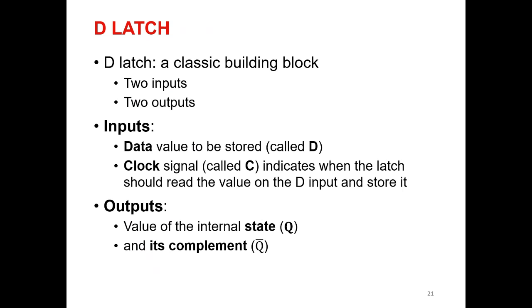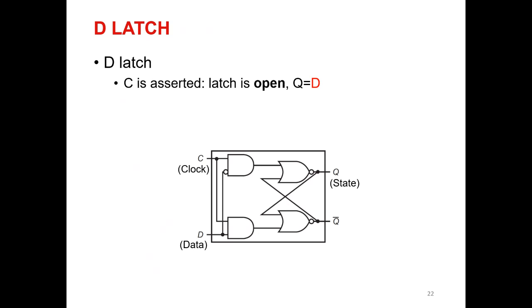And then the outputs will be the value of the state, or the value of the memory element, and it also gives us the inverted value of this state, the complement. So graphically, we will have this. And remember, we have already seen what an AND gate is and what an OR gate is.